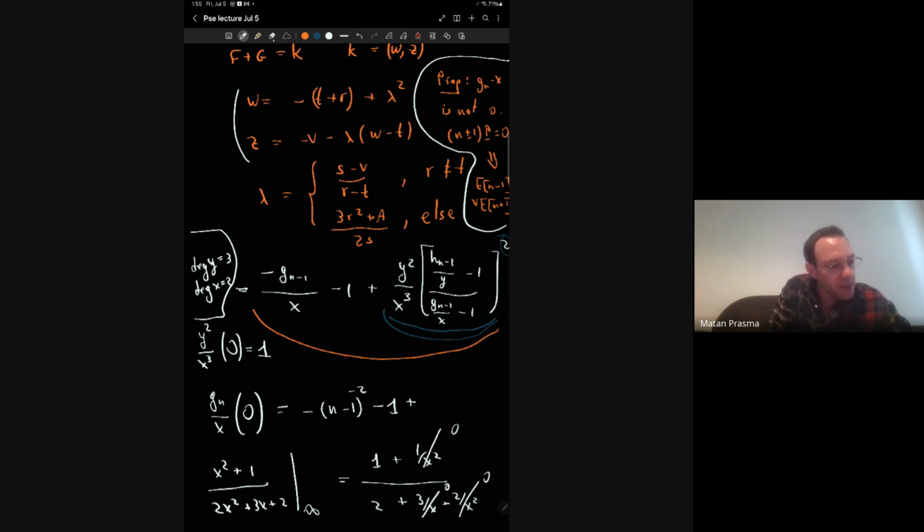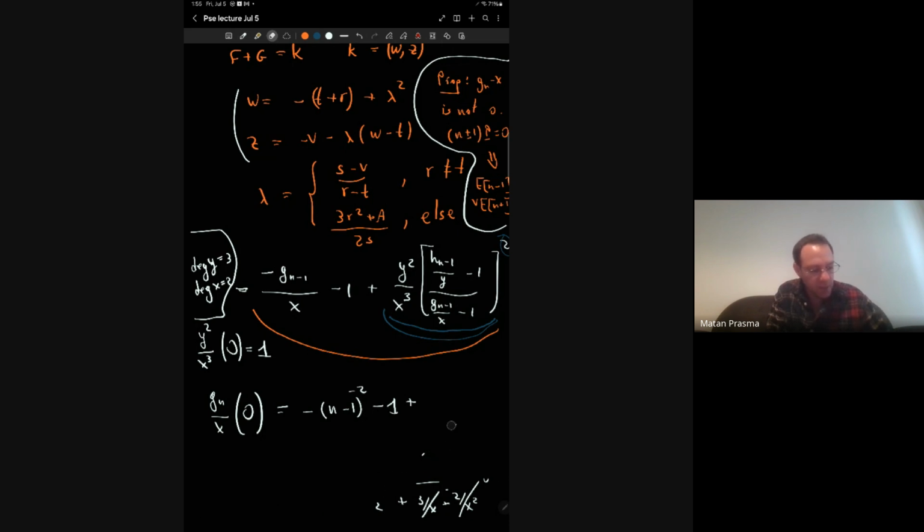Now I evaluate g_n over x at O. I need to evaluate the last expression, which I can write as the first factor, y squared over x cubed evaluated at O, which is 1, and then the second thing evaluated at O, which I know by the inductive assumption.